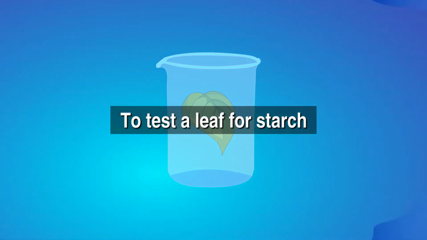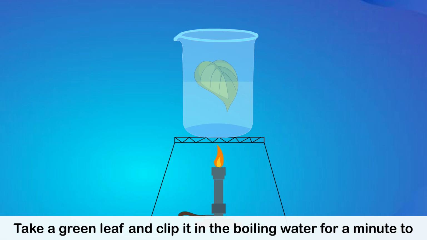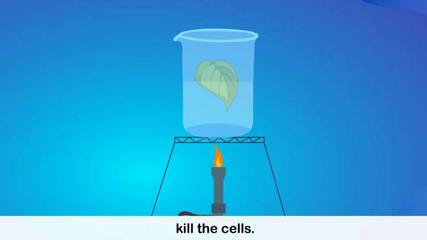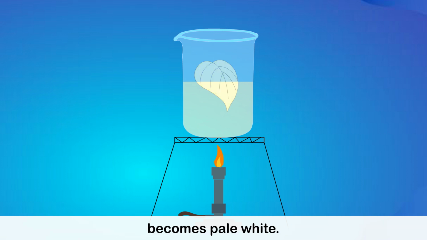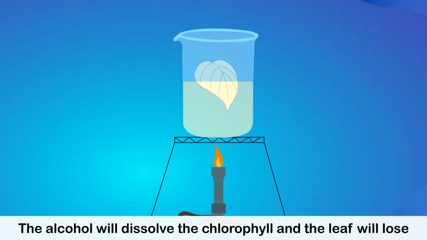Wash the leaf in water to remove the alcohol. Spread the leaf in a dish and pour iodine solution. If starch is present in the leaf, it turns blue in color. A leaf without starch will show brown color.